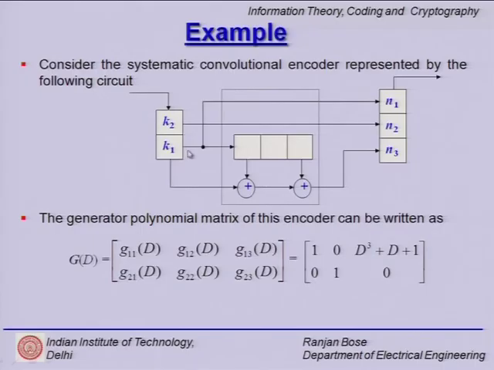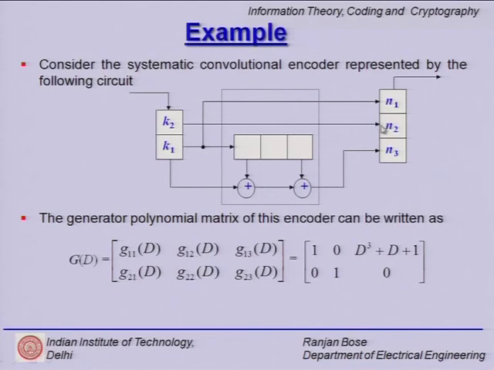So, the constraint length will be defined with respect to only k1. Please note, this 3 units in the memory is not a multiple of k1, k2, and k naught equal to 2. So, now we have 3 outputs related to 2 inputs. So, there should be 6 elements in this. So, it is a 2 cross 3 generator polynomial matrix.